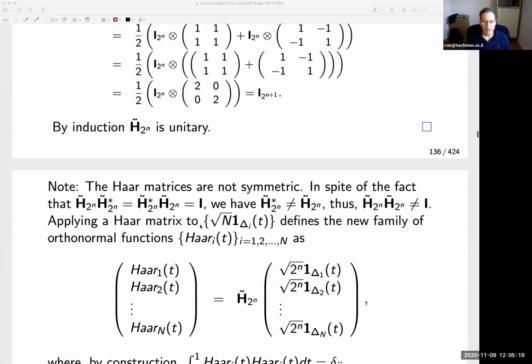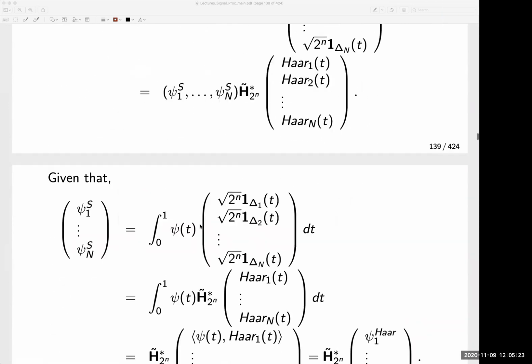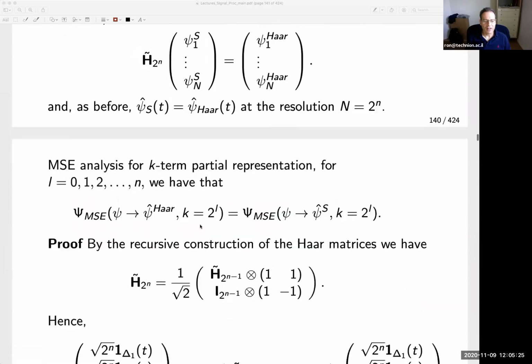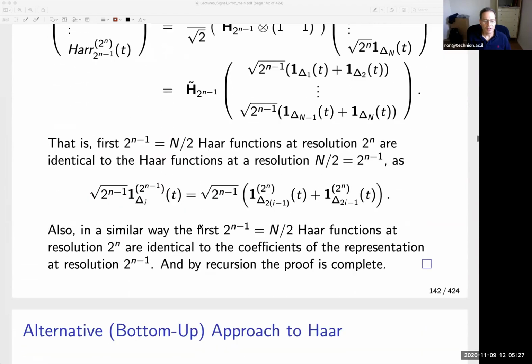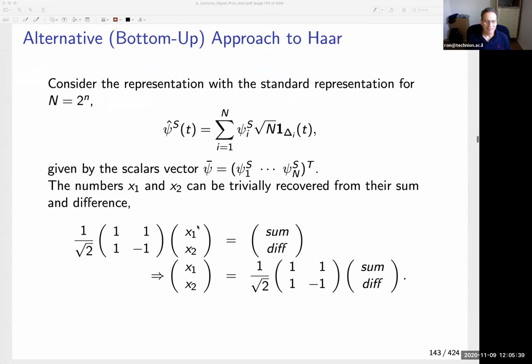Okay, so this is regarding the Haar basis, and this one we saw. We've done this so many times before, so I will leave it to you now. I think that we are almost done. The same thing that I've done before can be done from bottom up rather than top down. And this is the same idea, basically.